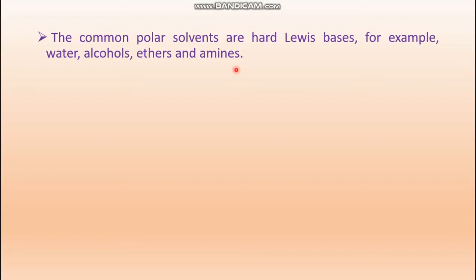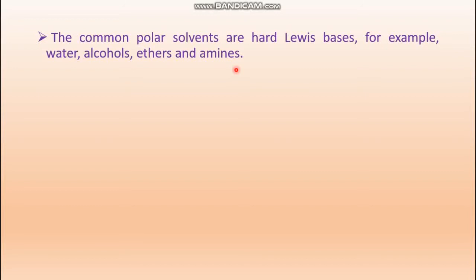A similar thing is also applicable for cations. For the cations, the ionic atmosphere surrounding it has some hardness. If it has a hard surface, then it is a hard acid, and if it has a soft surface, it is a soft acid.